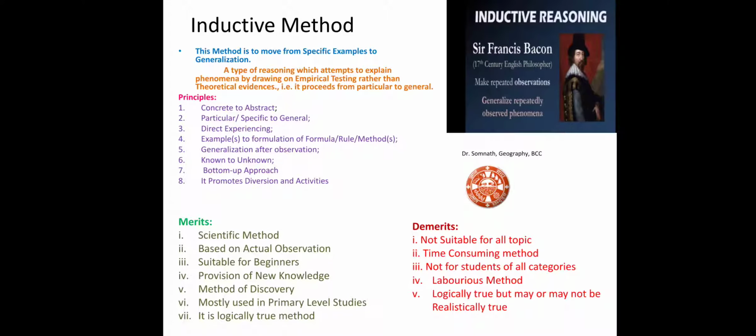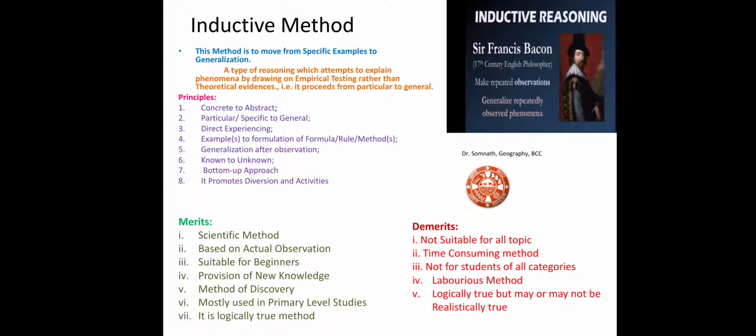And unlike the deductive method, it is from known to unknown, because it generalizes, it creates new things. And it is a bottom-up approach. Since it proceeds from bottom to up, it promotes diversion and activities also.